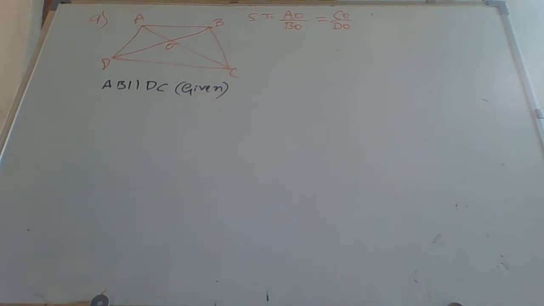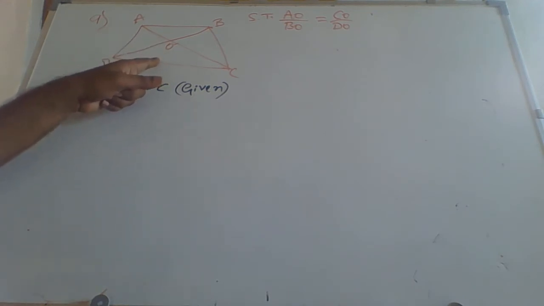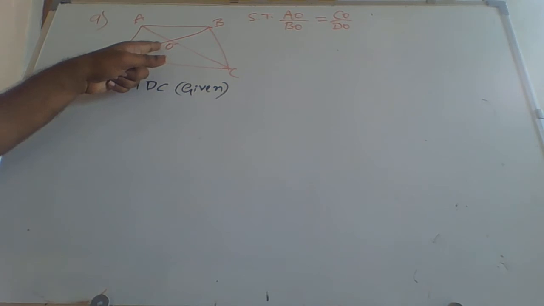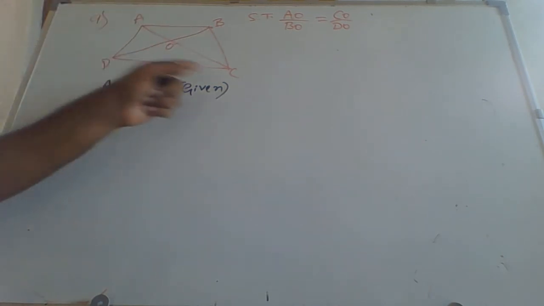So to prove this, what we can do is draw a line EF. I will draw a line EF through this point O, such that EF should be parallel to CD.